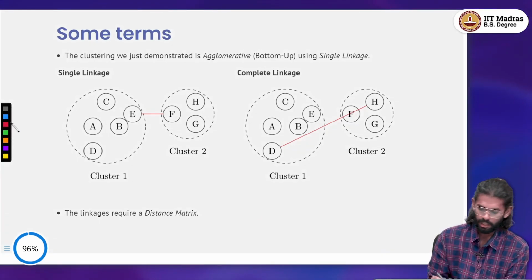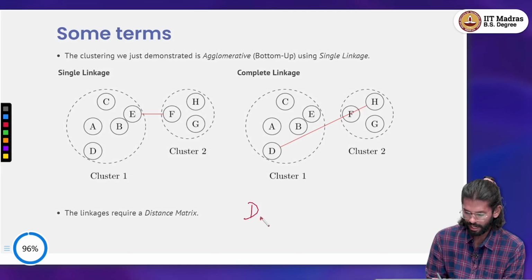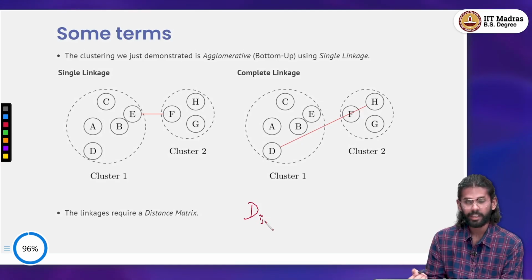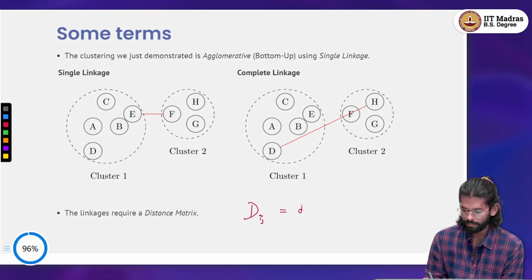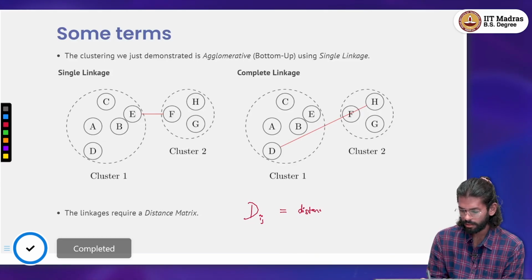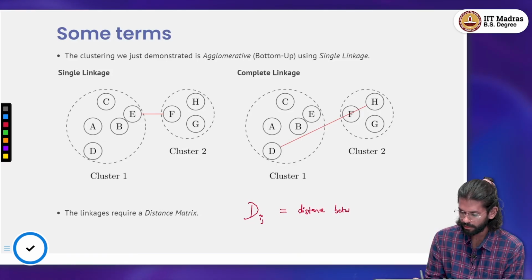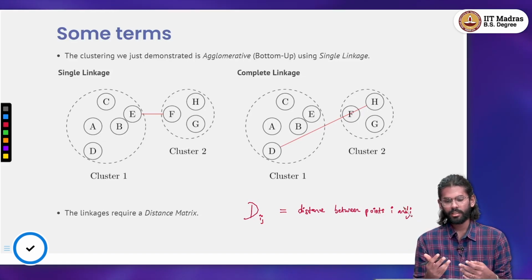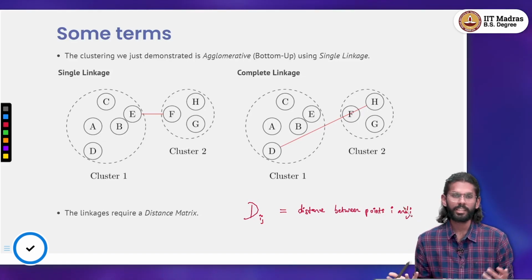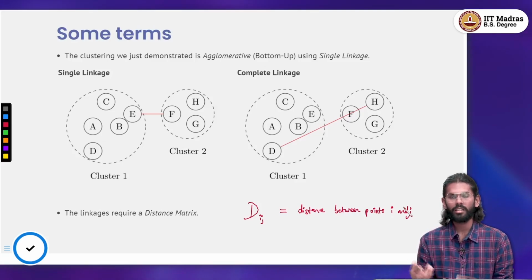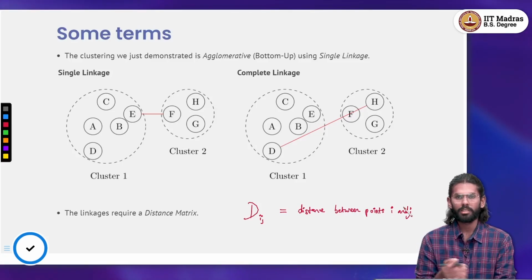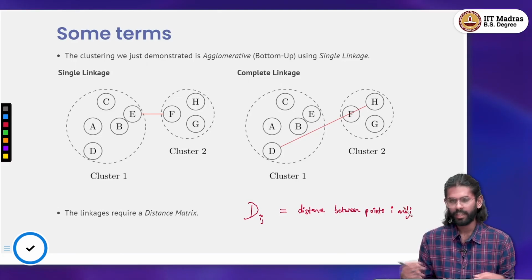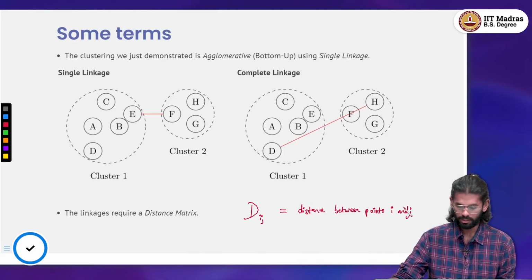Suppose I have a matrix D, then its ijth entry would just be the distance between points i and j. Once we have these distances, then linkage can do its job. It can decide on the minimum distance or maximum distance given the clusters. It can take care of the computations for us.